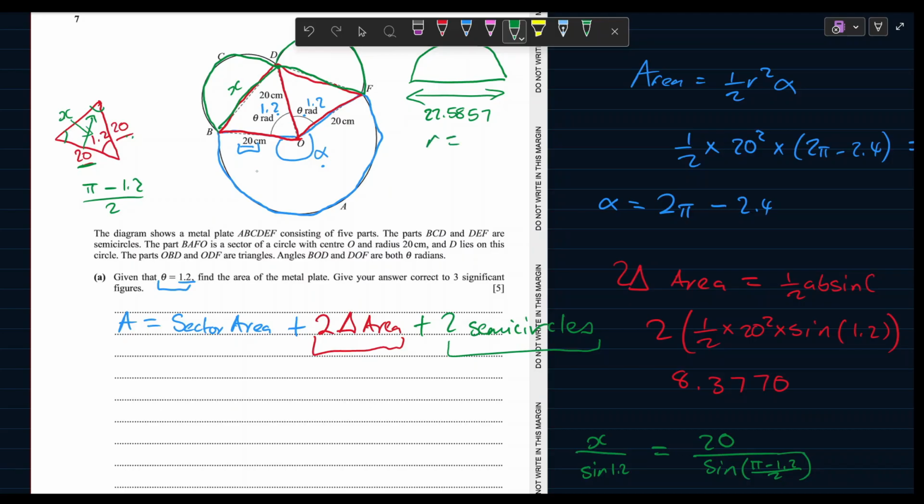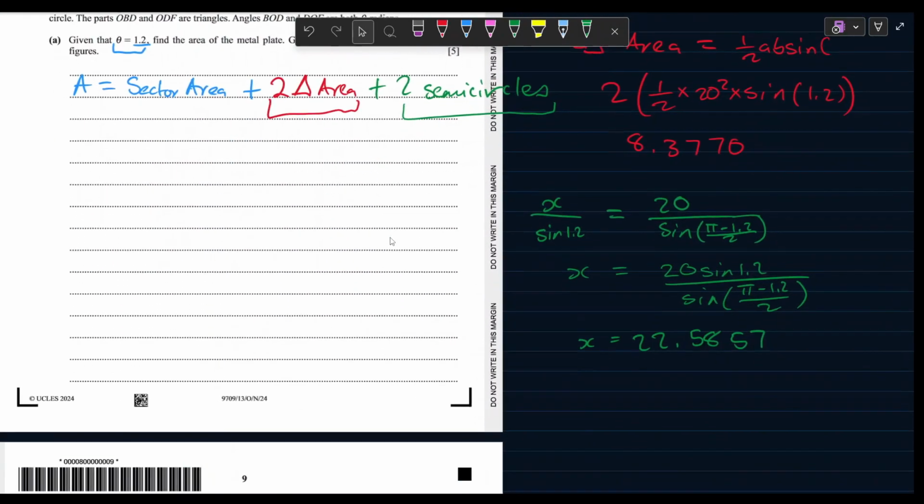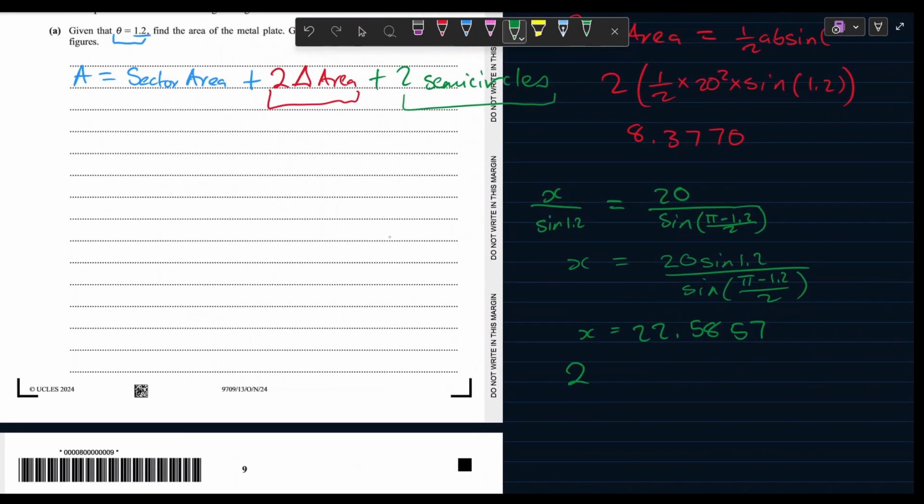So radius is 11.2928. And so now that we've got the radius, we can then calculate the area of our semicircle. And remember, we've got two of these semicircles, so I'll just preemptively multiply by 2. And so the formula for a semicircle is going to be half pi r squared.